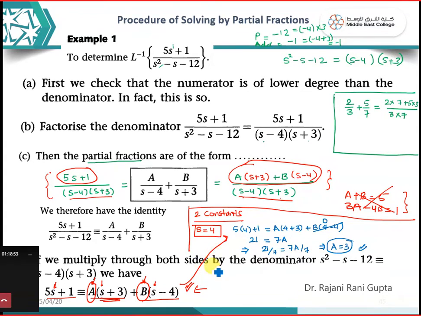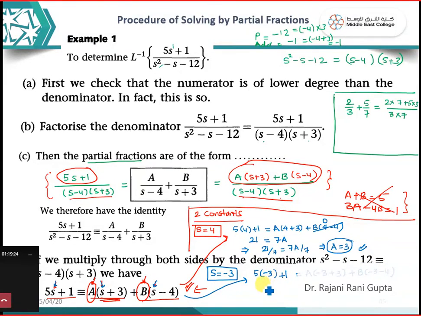Now the next value I select for s is minus 3. So when I substitute s is equal to minus 3 in this equation, what will I get? Don't forget, you have to replace it on both sides, left side as well as right side. 5 times minus 3 plus 1 equal to a times (minus 3 plus 3) plus b times (minus 3 minus 4).